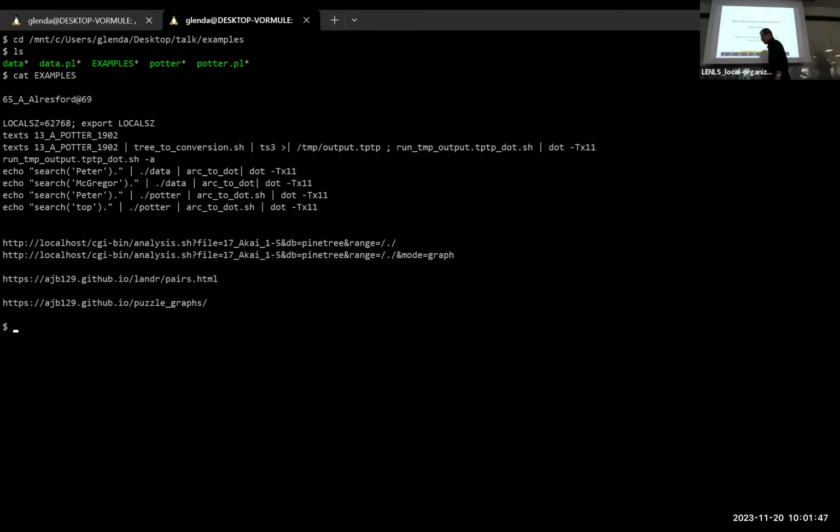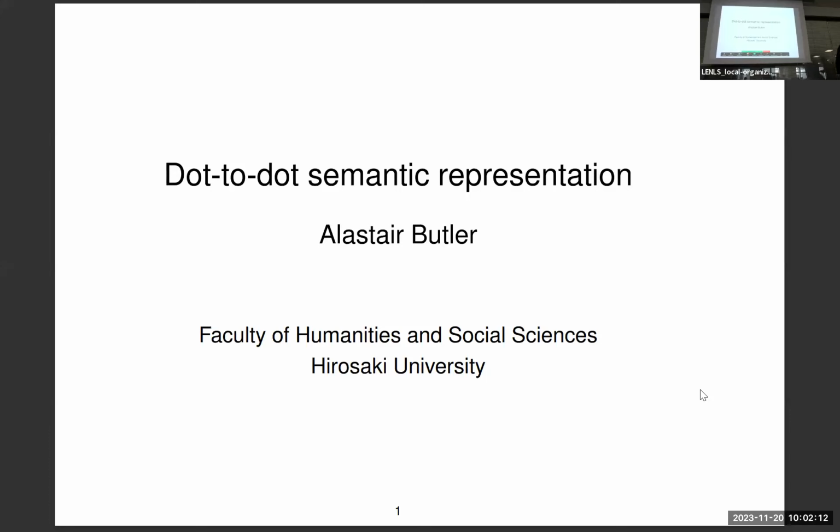Screen is this. Oh, screen is that. This is a different screen. Oh, I want to show all of it. This is going to be a nightmare.